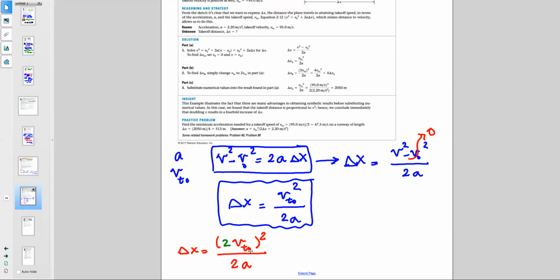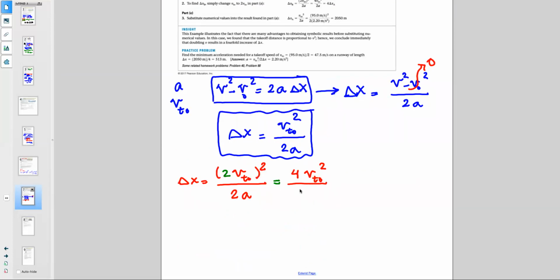So instead of v of takeoff to the power of 2, I have 2 times v of takeoff to the power of 2. Remember, this 2 is also under the power. So what I have then is 2 to the power of 2 is 4, v takeoff to the power of 2, over 2a. And if you're looking at this, have you seen this somewhere before?